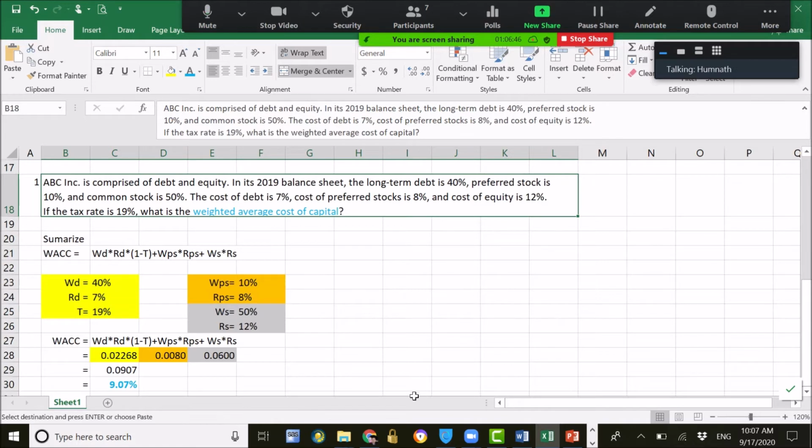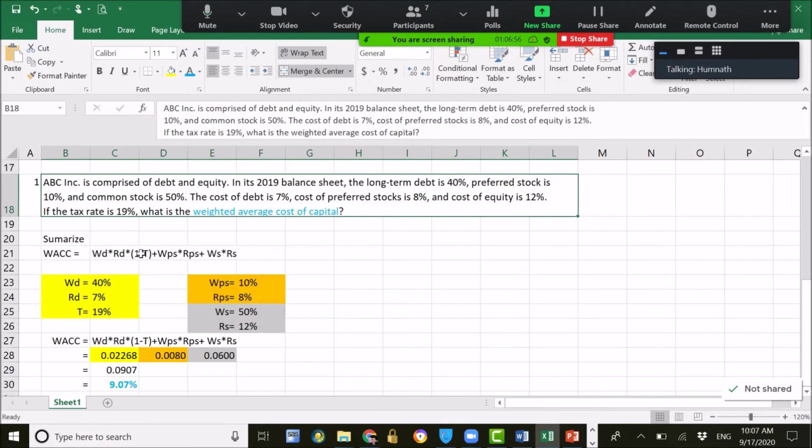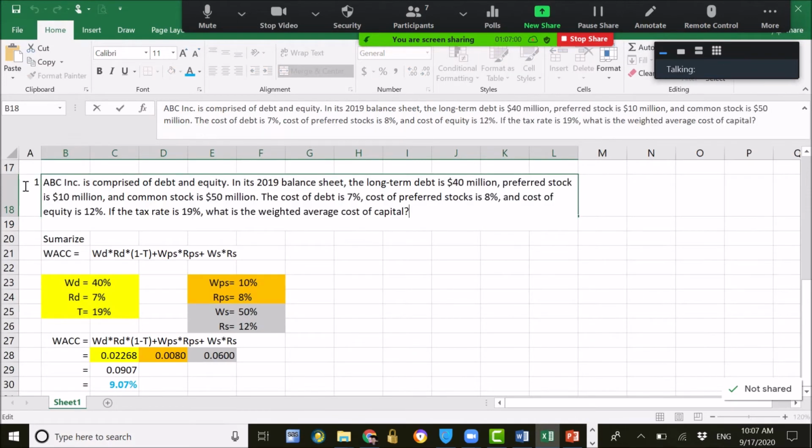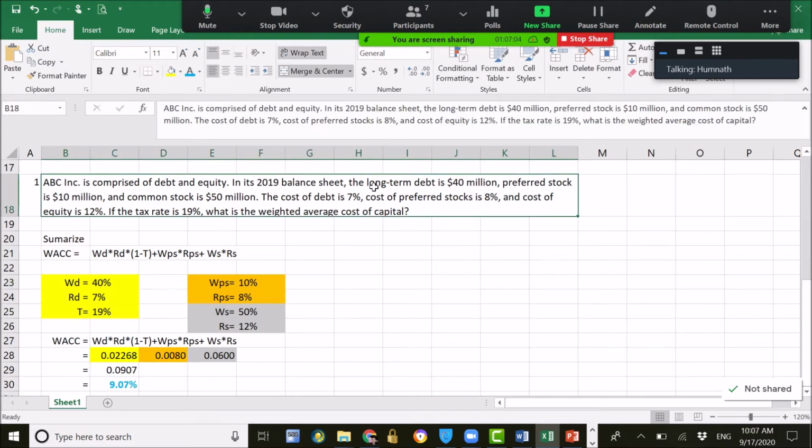All right, so from my Word document, I'm going to copy this other question. All right, so here you go. You see, it's the same question, but this time we have to calculate all of these components.